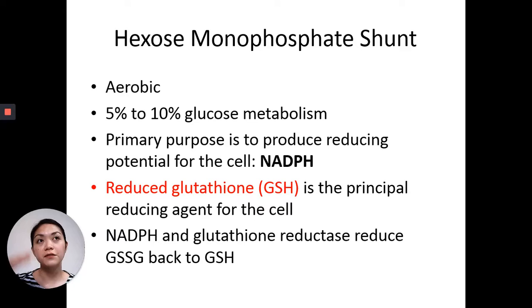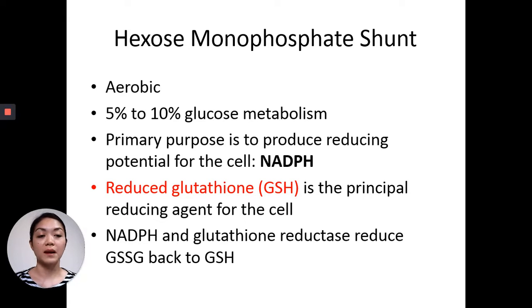Siya sa first phase, doon nag-divert siya. So, in the presence of oxygen, only 5 to 10% of the glucose is metabolized via this pathway. Although minor siya, it's still considered very important because it's needed also for the maintenance of our hemoglobin molecule. Okay, but in a different naman na mechanism.